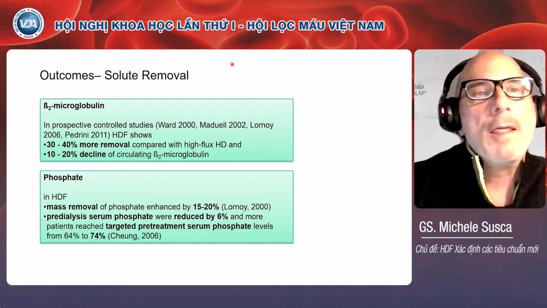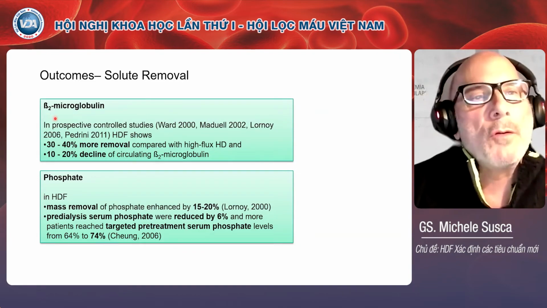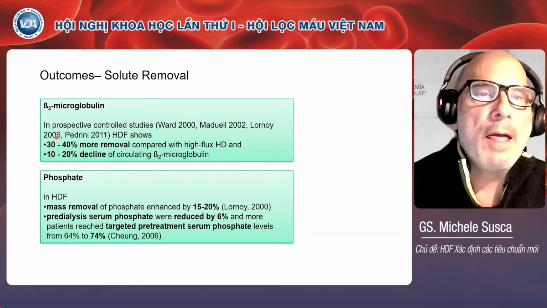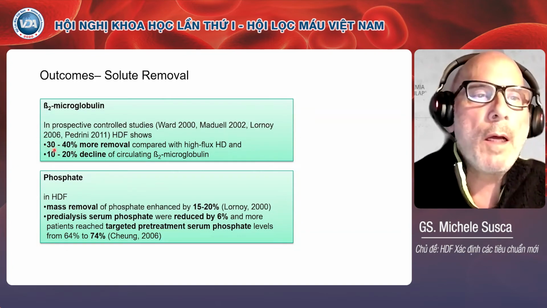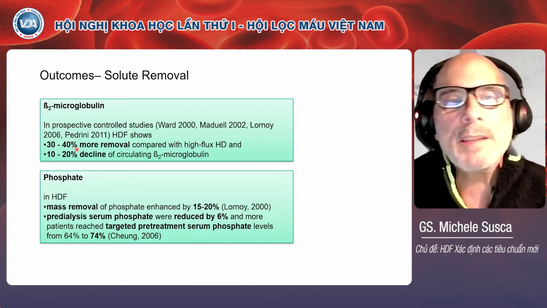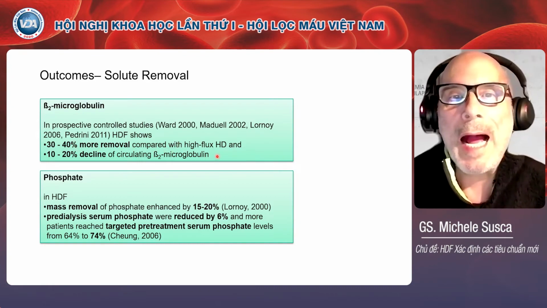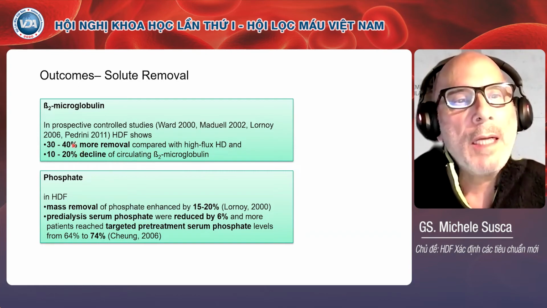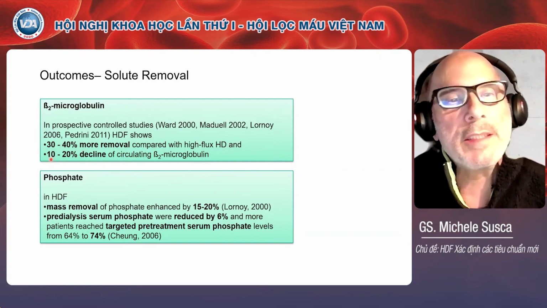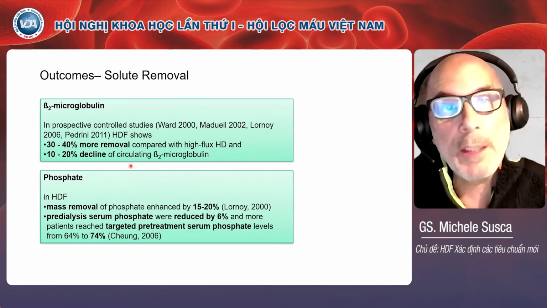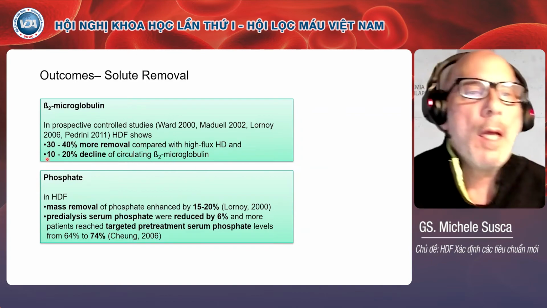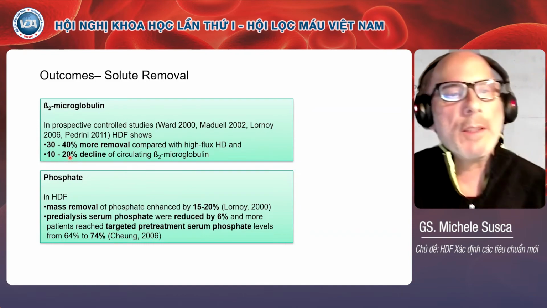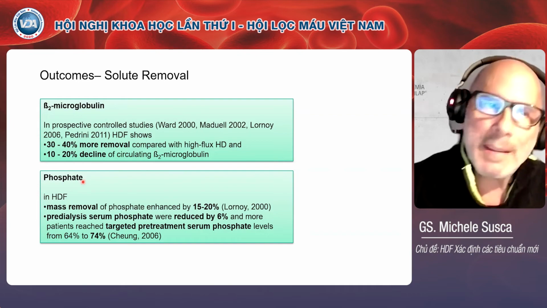Furthermore, several outcomes, beta-2 microglobulin. You see here in HDF, we have 30 to 40% more removal compared to high flux dialysis, and we can decrease circulating beta-2 microglobulin with a decline of 10 to 20%. Regarding phosphate, there are also better results.